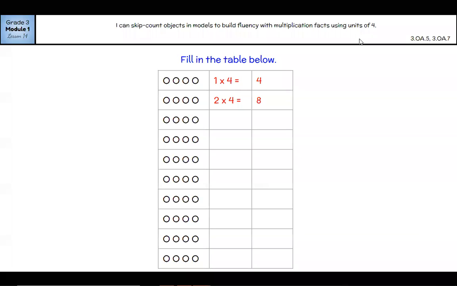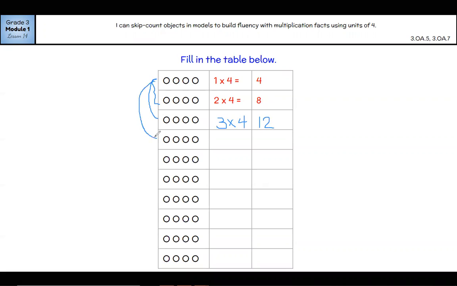Okay, now when we look at this table, we're thinking of it like a big array. So the first row of the array shows one group of 4. So that's why it says 1 times 4 equals 4. And then if we add on another row, that gives me 2 groups of 4. That makes 8. Now if we add on the third row, that gives me 3 groups of 4, and that makes 12.